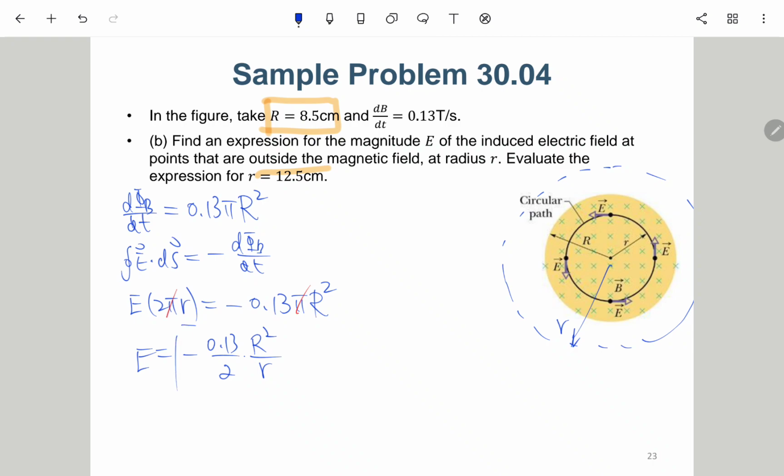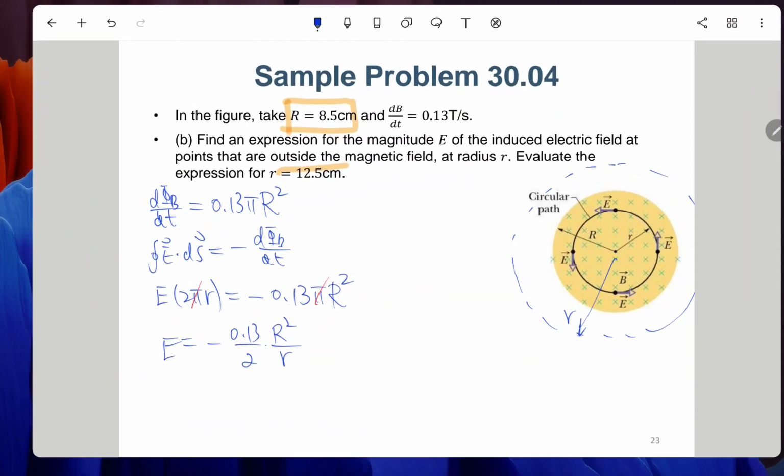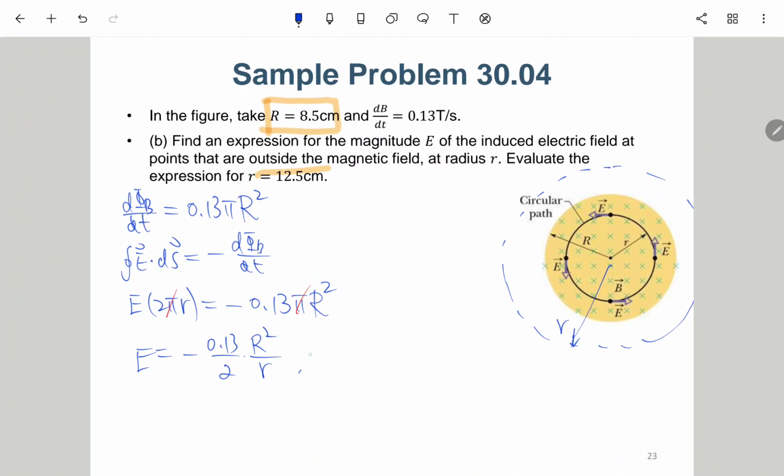Okay, so this is the closed form solution, or you can also take the absolute value, so the absolute value of E is 0.13 over 2 times capital R squared over r. This is the closed form expression, and we try to evaluate this E at r equals 12.5 centimeter.